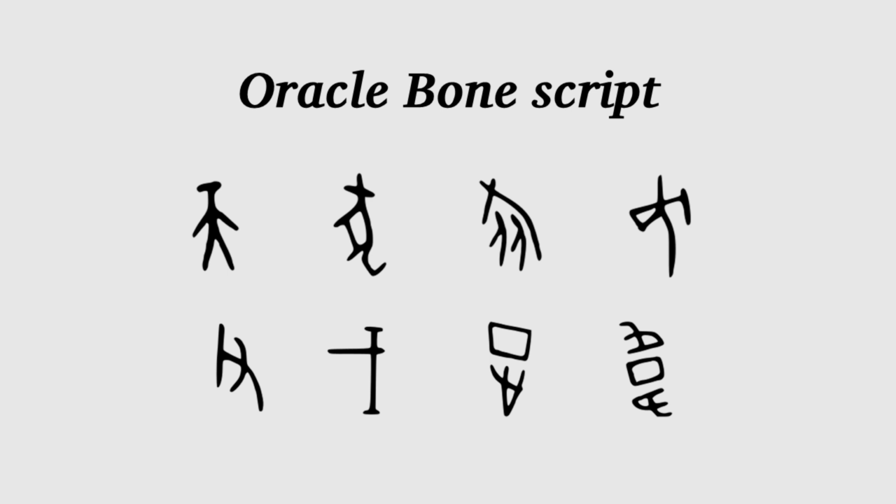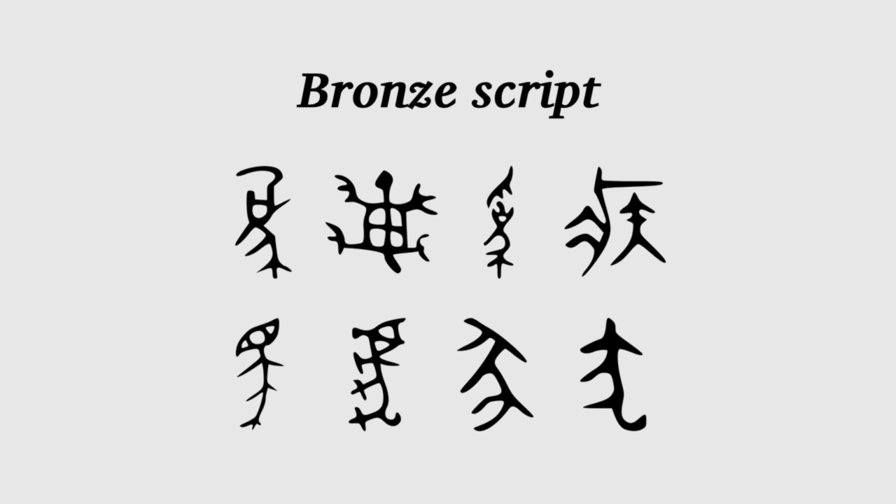This is attested until around 1000 BC, when its development made it even more abstract, bringing it to a stage we call bronze script, since it was generally cast into bronze after being inscribed into clay moulds.